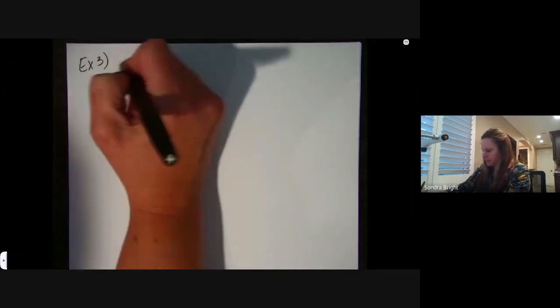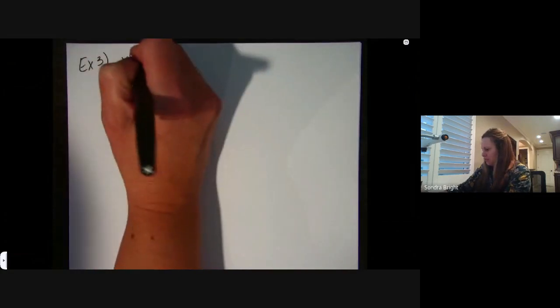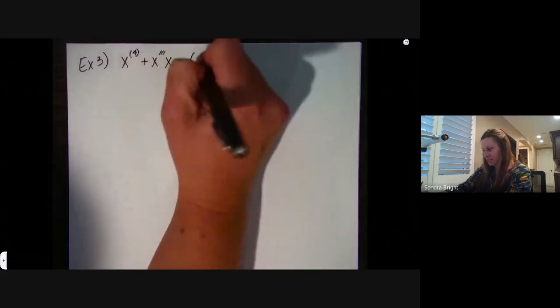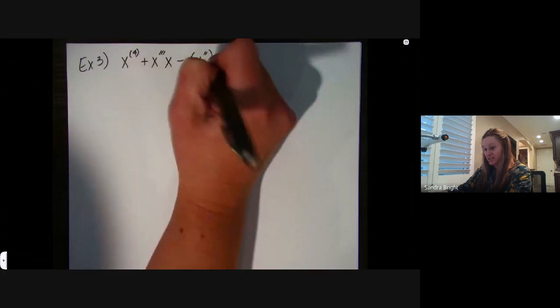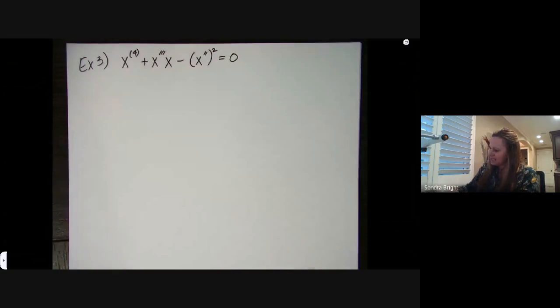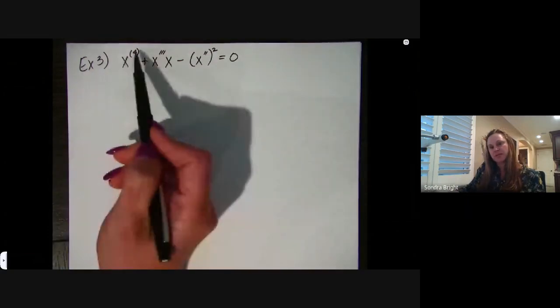Okay. Last one. How about if it's the fourth derivative of x plus the third derivative of x times x minus the second derivative of x quantity squared equals 0. All right, so my highest order is x to the fourth. So that means when I go to do my substitutions, I'm going to go to the third derivative.